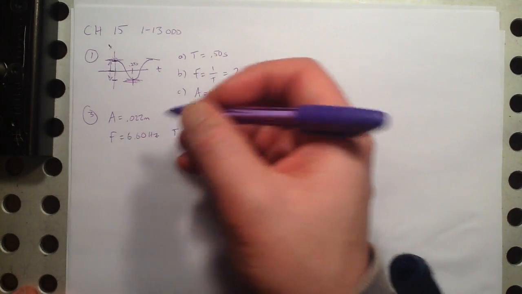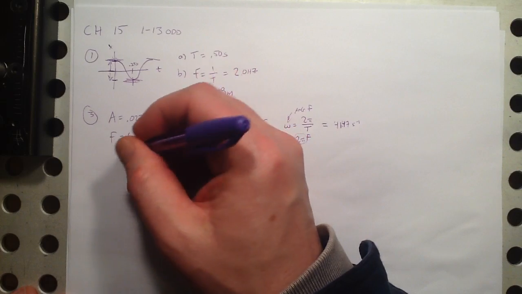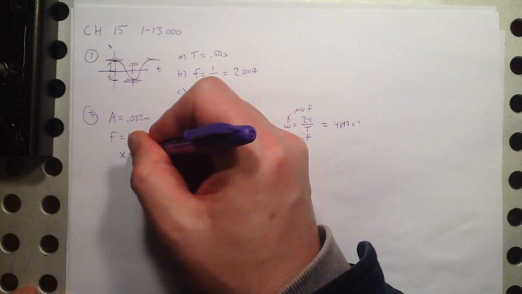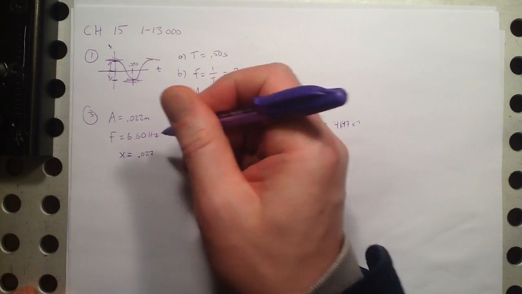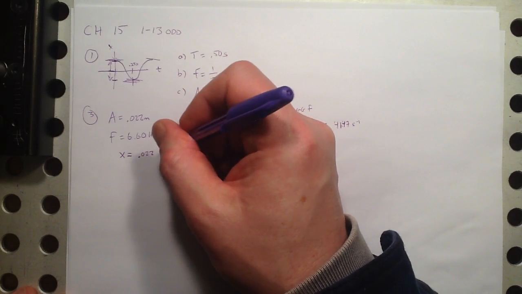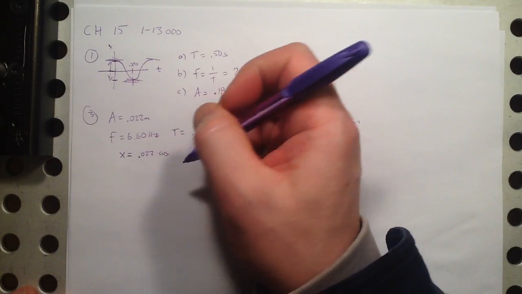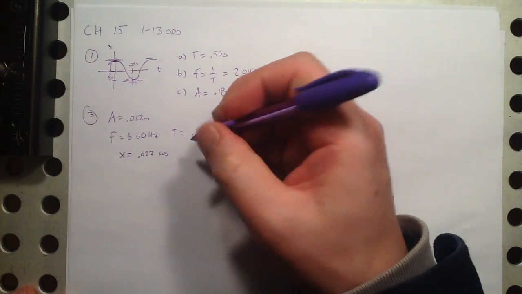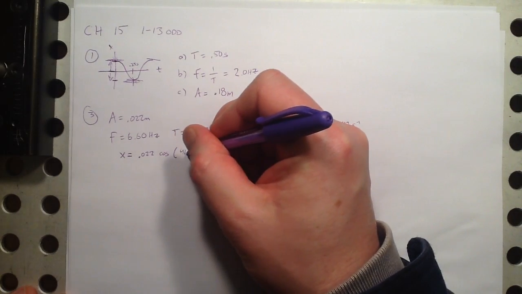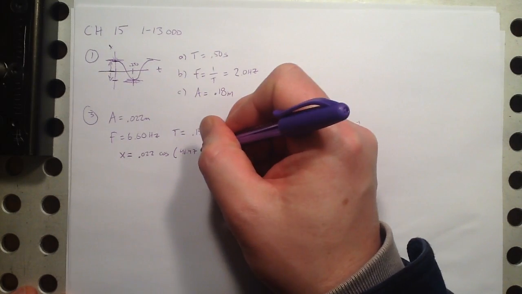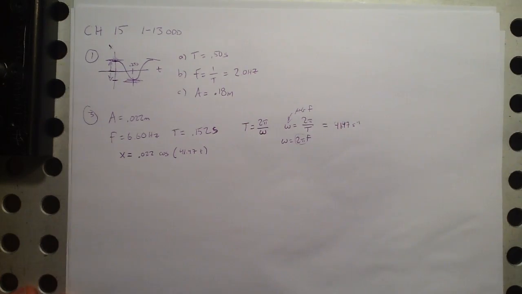So that means, if you think about the way that these functions work, position would be equal to amplitude, 0.022, times, let's say it's a cosine function, that's what we usually do, cosine of 41.47 t.